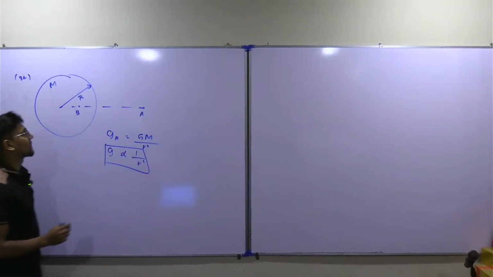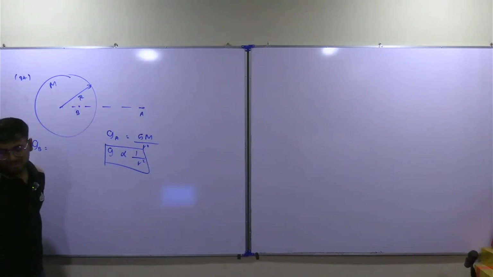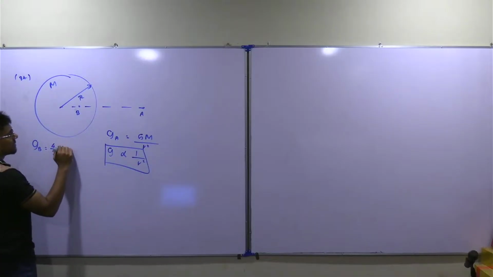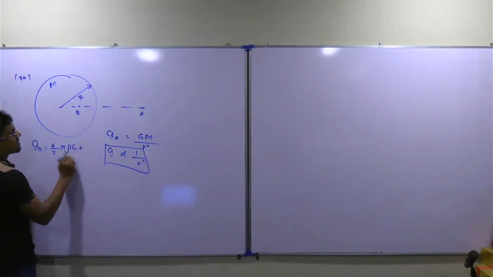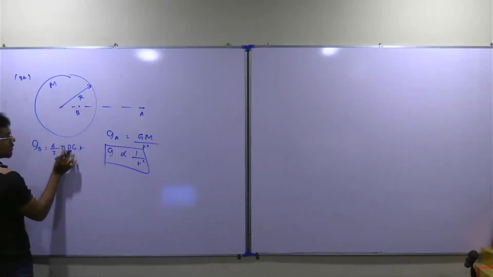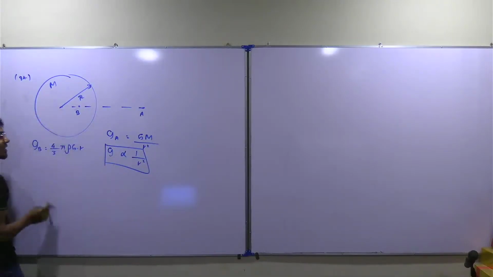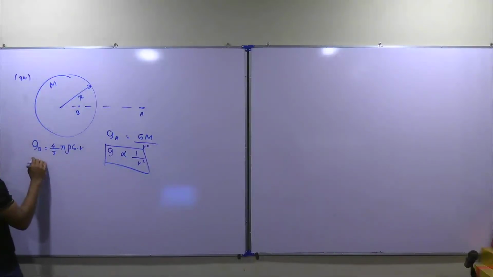So the gravitational field strength outside is inversely proportional to R square of the distance. And when you consider a point inside, that is point B, if you assume this as a homogeneous sphere, the gravitational field strength can be written as 4 over 3 pi rho G times r. Here r is the distance, rho is the density of the spherical object, and G is the gravitational constant. So when you consider a point inside, the gravitational field strength is directly proportional to the radius.